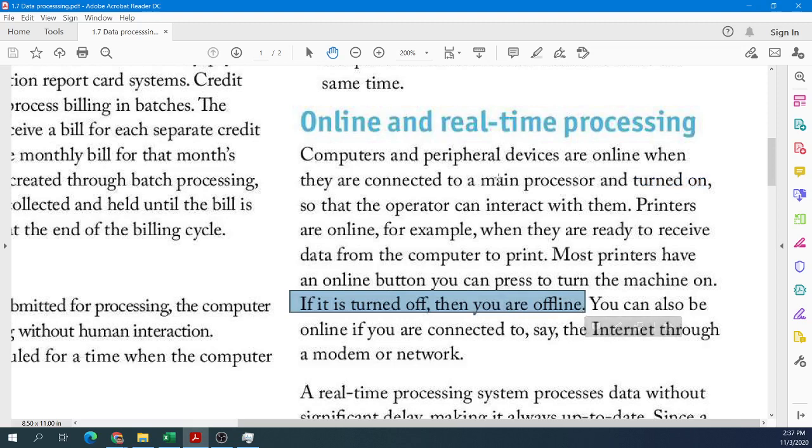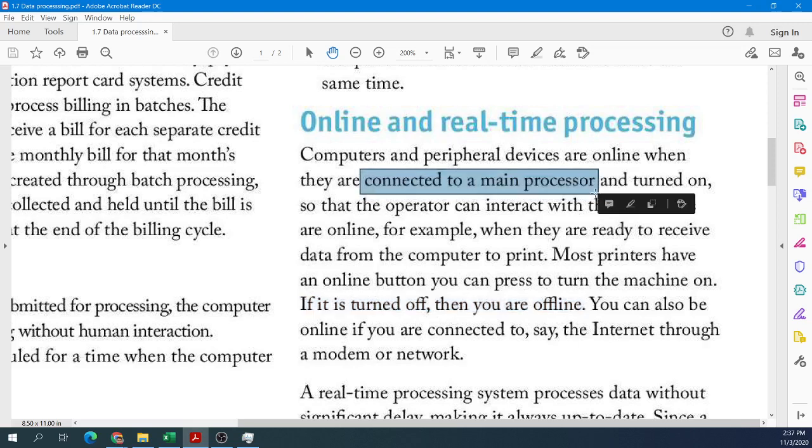So computers, peripheral devices such as printers and so on, when these devices are on and they're connected to the computer, notice they have to be connected to the main processor, in order to carry out any instructions and so on.